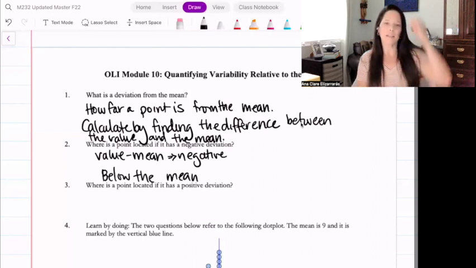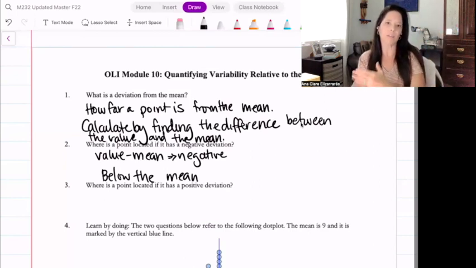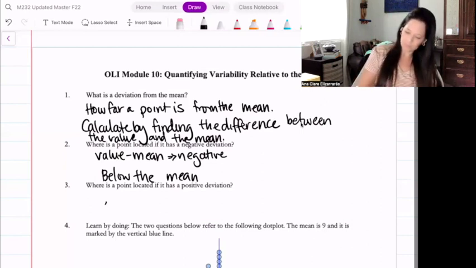Let's say I had a class average of 75 and I was looking at a value of 50. 50 minus 75 is negative 25, and that value 50 is less than 75. So a positive deviation is when the value minus the mean is positive, and that happens when your number is greater than the mean.